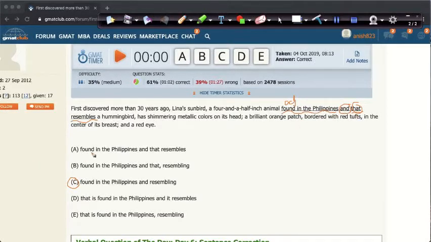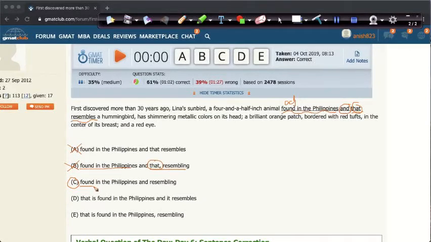That could be parallel, but as it stands, not parallel, not correct. Now, let's look at B. Found in the Philippines and that resembling, well, we have the same issue here. We have found in the Philippines and then we have that resembling. No, this is introducing a that clause. It's not going to work here. Eliminate.